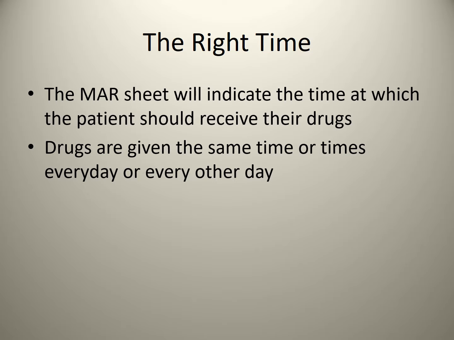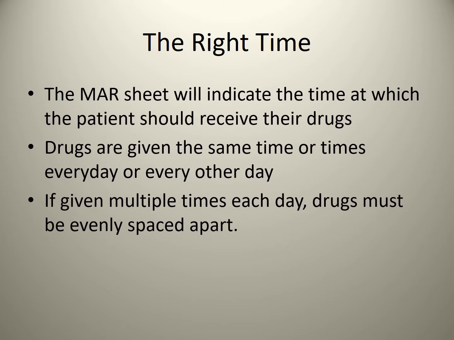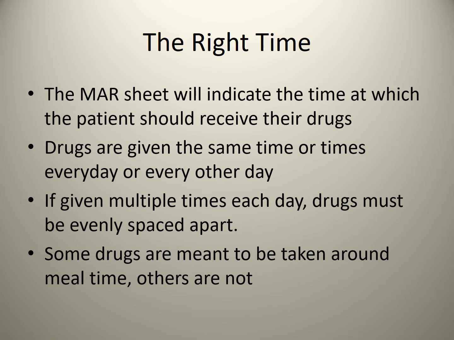It might be given once a month, once every 3 months. But they are always evenly spaced apart. When drugs are meant to be taken around mealtime, some are to be taken before or after eating. Some have to be given strictly in between meals.